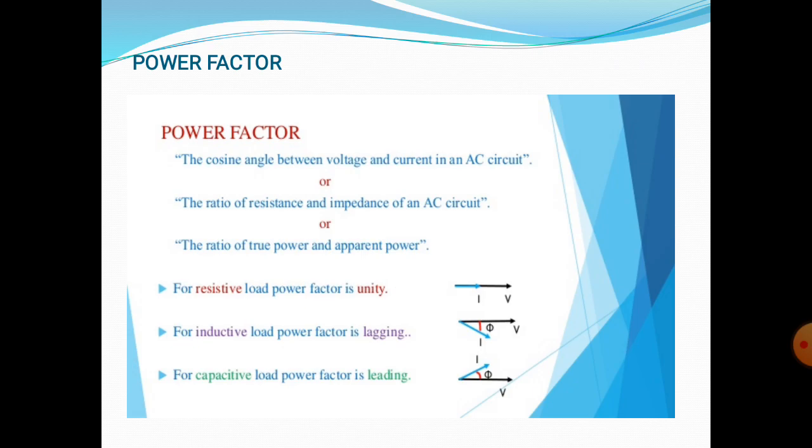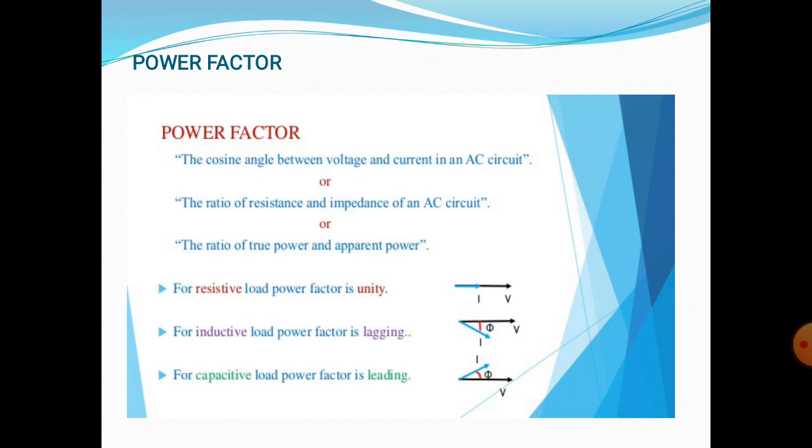The power factor is also the ratio of true power and apparent power. For a resistive load, the power factor is always unity. That means voltage and current are in the same phase, in phase.